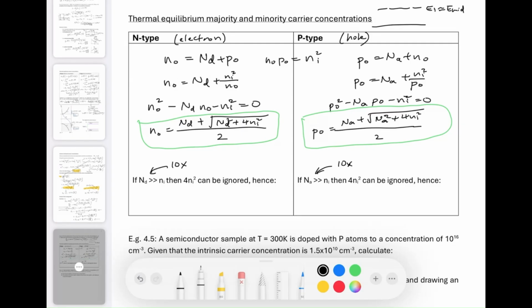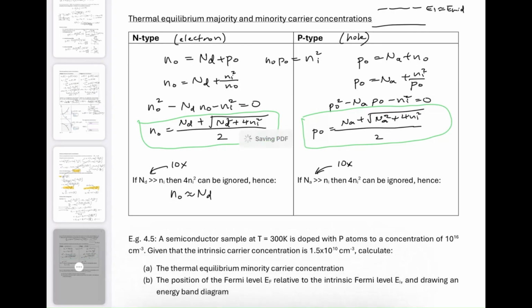If Nd is much larger than Ni, then the 4Ni squared is very, very small in comparison to the Nd squared. So if it's above 10 times in this module, you can just assume it is roughly equal to Nd. It's the same for the P-type.